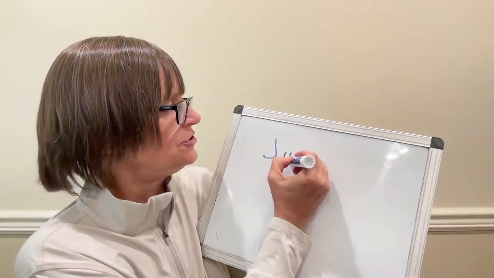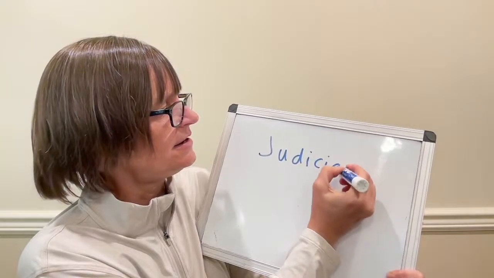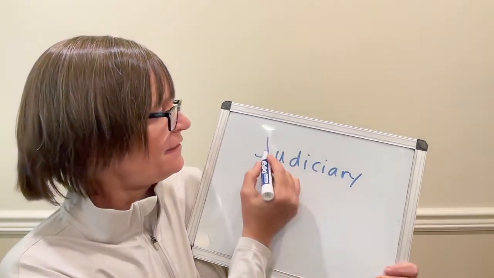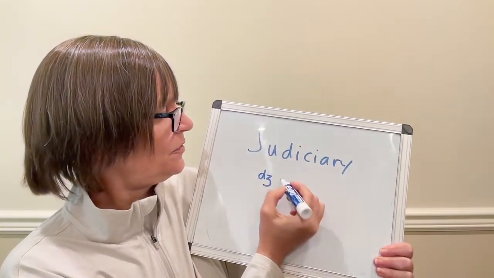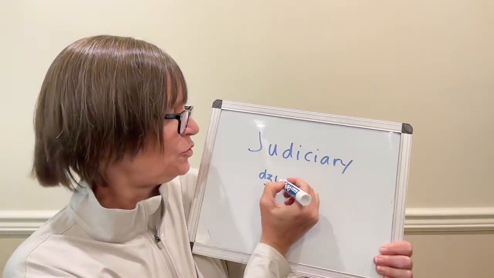So for judiciary, we have the letter J saying the j sound, like jump. The letter U saying the oo.